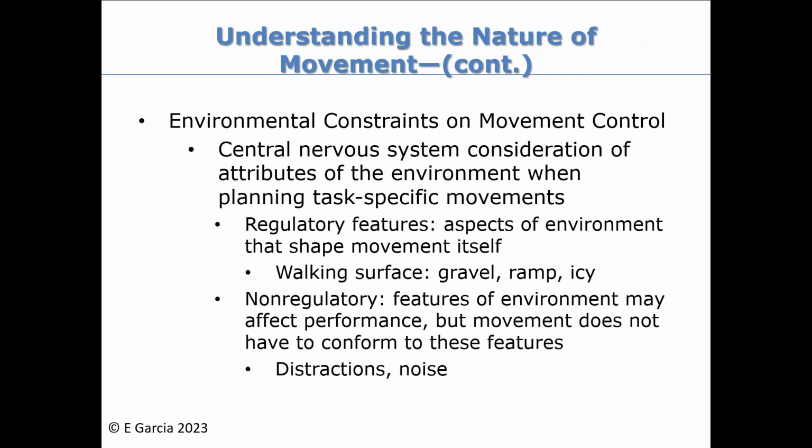The squishiness of sand is regulatory, okay? I told you we're going to be looking at things that seem simple. We're going to pull them apart, okay? We're being deliberate here. As well as, imagine if there's ice and you're trying to get to your vehicle and the driveway's got a little bit of a slant to it. That's a regulatory feature of the environment. It's going to change the way you move.